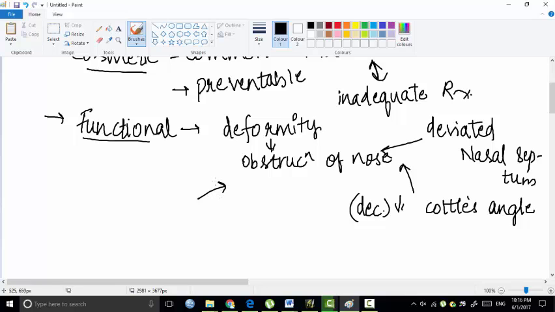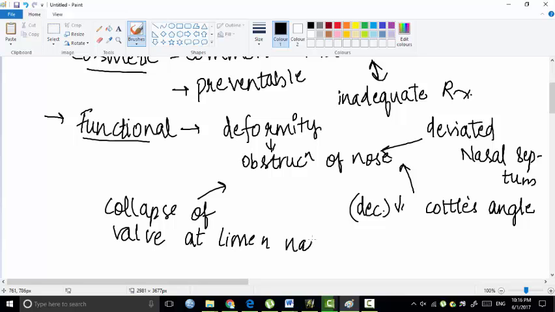Sometimes even collapse of valve may also result in obstruction of the nose. This collapse of valve is mostly common at the lower lateral cartilage, which causes obstruction of the nose.